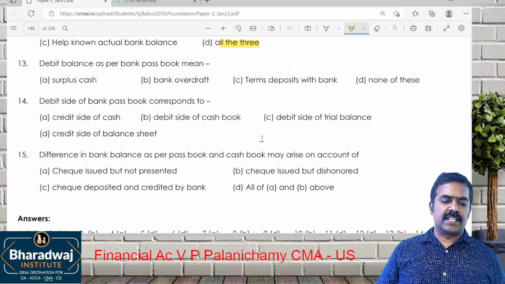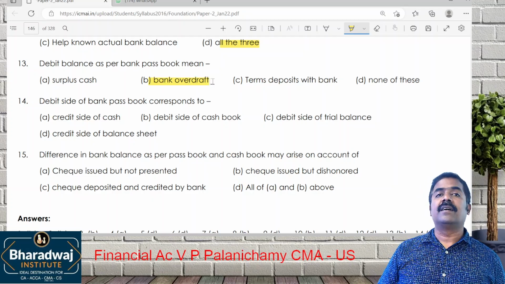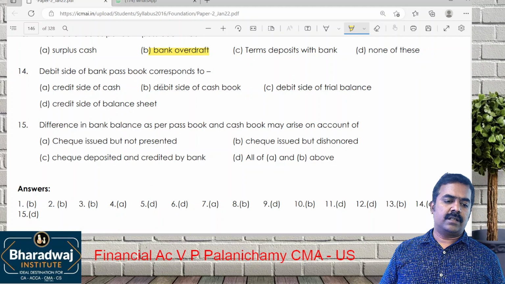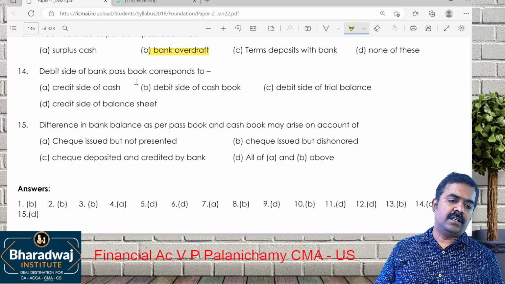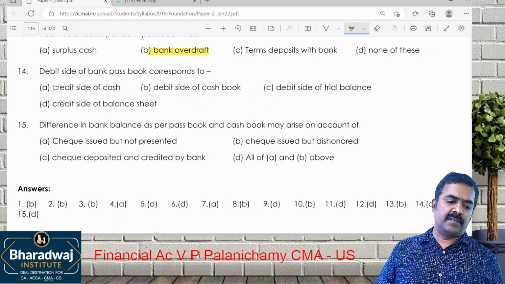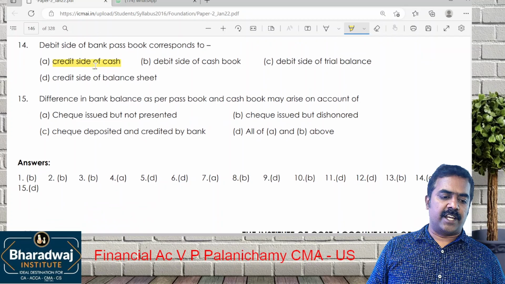Debit balance as per passbook means bank OD. In the passbook, if credit, it is normal balance. In the passbook, if debit, it is OD. Debit balance in passbook, debit side of passbook represents credit side of cash book. Debit side of passbook represents what? Credit side of cash book.